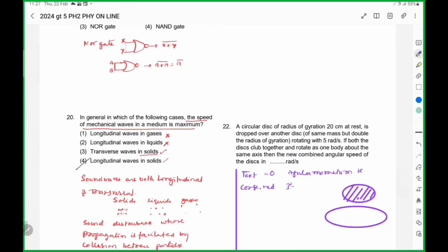So that is, torque is nothing but dL by dt, which is zero, L is constant. So I1 omega 1 plus I2 omega 2 is equal to (I1 plus I2) omega. So after placing, they rotate together about a common axis.